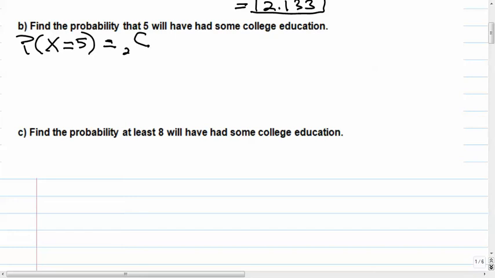C of 20 pick 5 times the probability of success, which is 0.35, raised to 5 successes, times the probability of failure, which is 0.65, raised to 15 failures because we have a total of 20 trials.